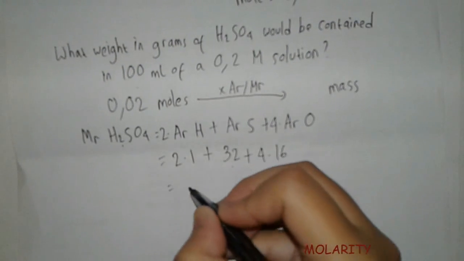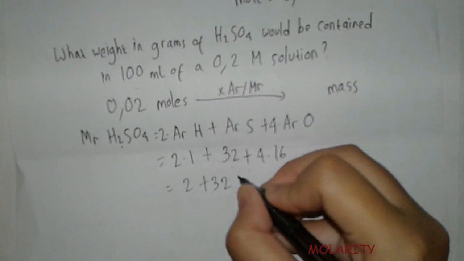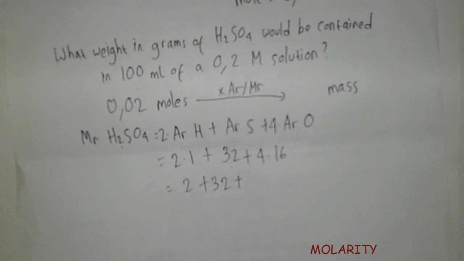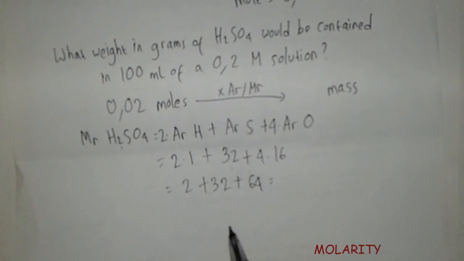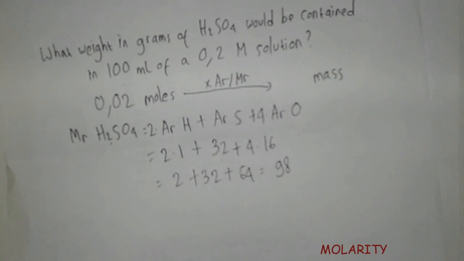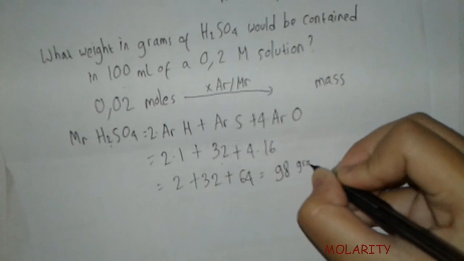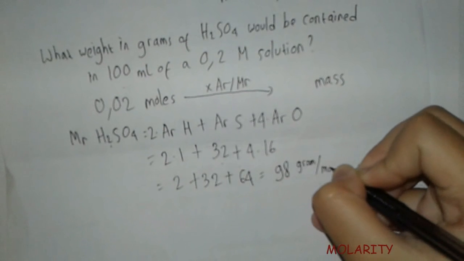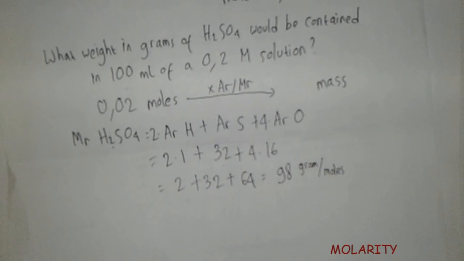That is 2 plus 32 plus 64, and if we add this all, we find 98 grams per mole. This is the unit of molecular relative mass.